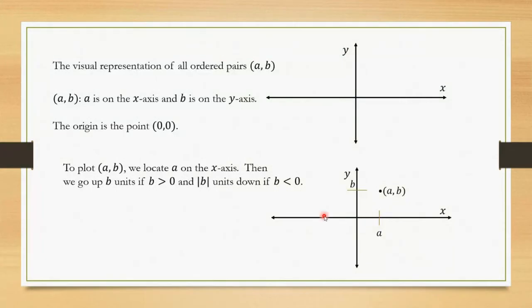Or if A is negative, you're going to go to the left instead. Once you get to A, you're going to go up or down. You go up B units if B is positive, and you're going to go down the absolute value of B units if B is negative.